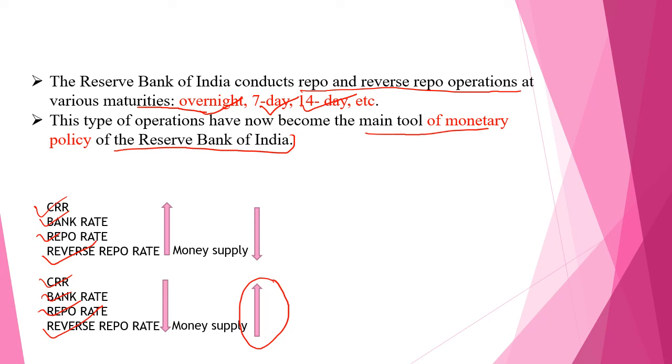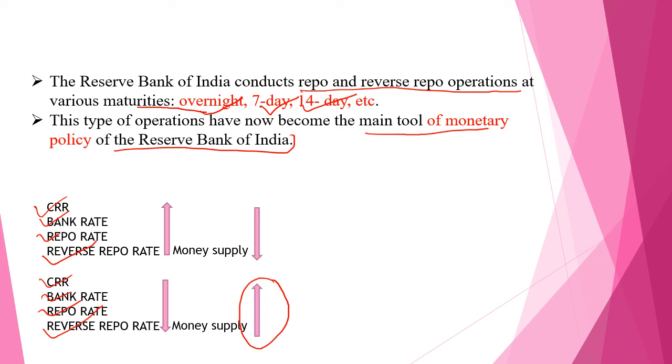Okay, by using these tools, Reserve Bank of India can control liquidity in the market. When liquidity is very high, Reserve Bank of India decreases money supply by increasing these ratios like CRR or bank rate or repo rate or reverse repo rate. When liquidity is very low and money supply needs to increase, then Reserve Bank of India will decrease these measures, that is CRR, bank rate, repo rate and reverse repo rate.